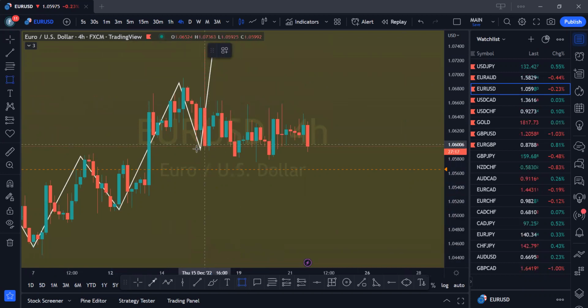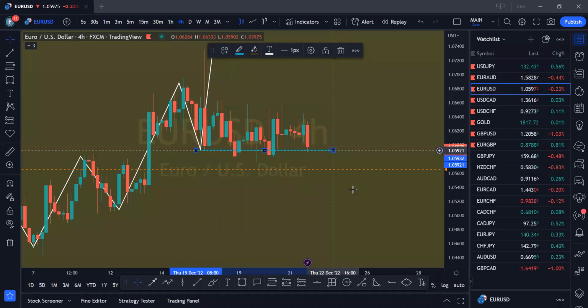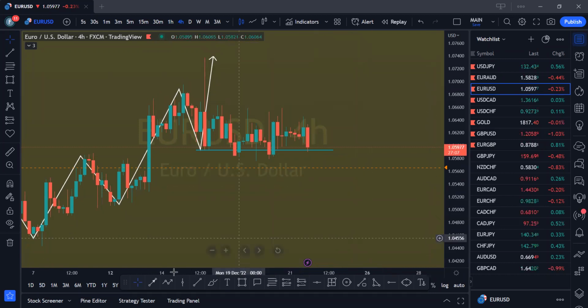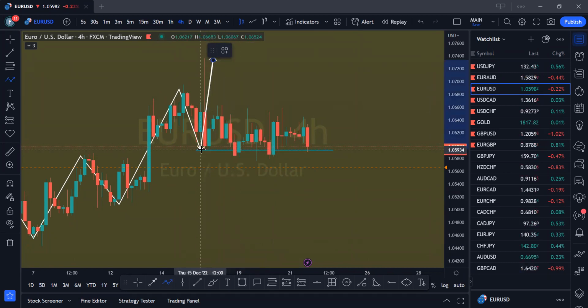Price has broken this higher low on 4 hours. You can see, right now, we've seen a possibility of an order flow shift like so. So price has broken this higher low. So this is a signal that possibly the shift from bullish to bearish is in view.